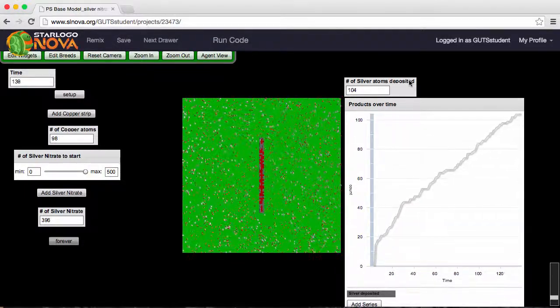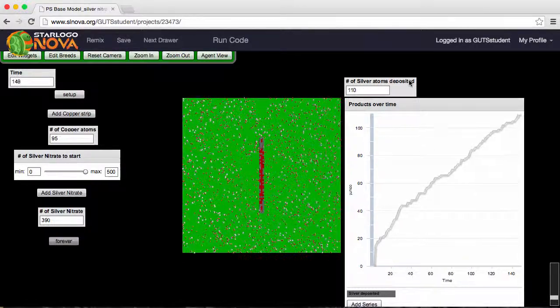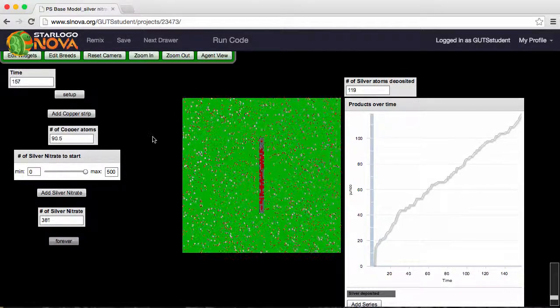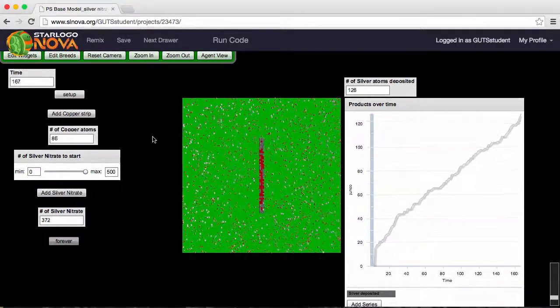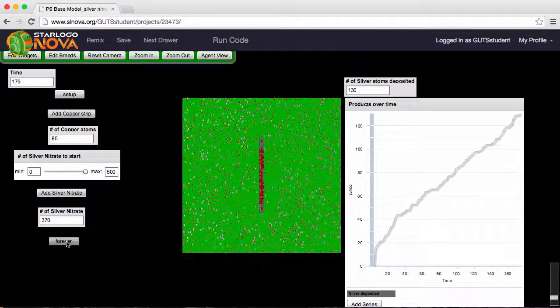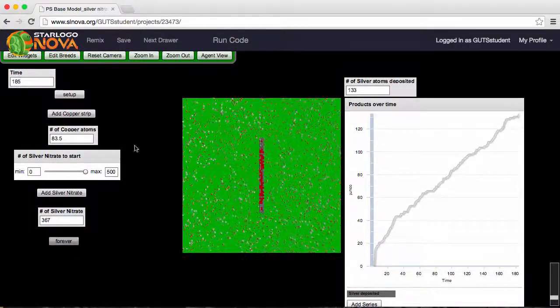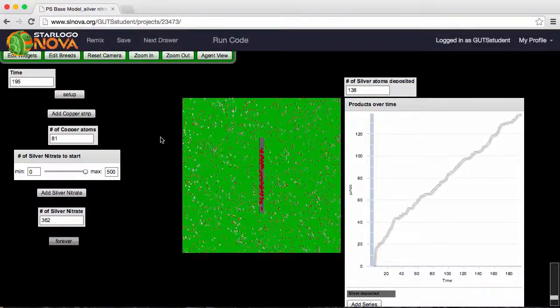So we're waiting for all the copper atoms to be used up. If we're quick enough, we can actually click and stop the model right when half of the copper atoms are used up, but we can also let it go all the way and then look at the graph.